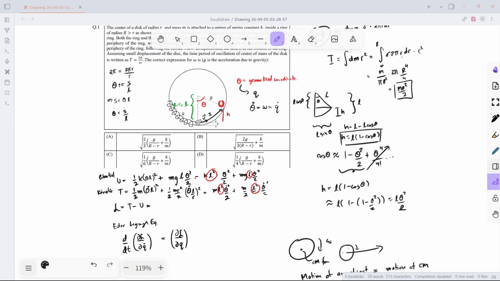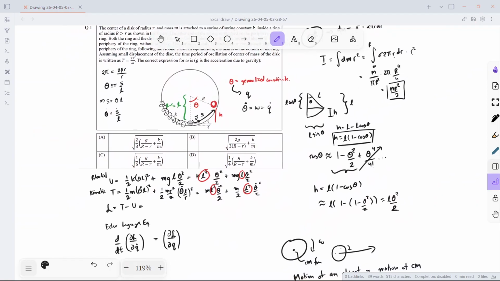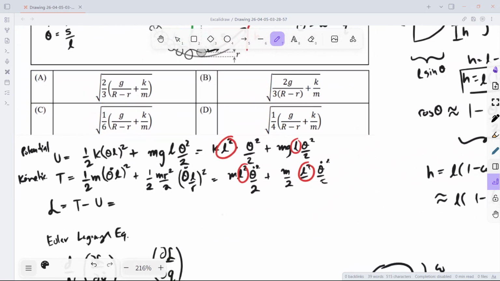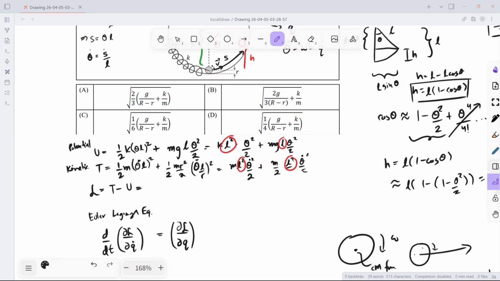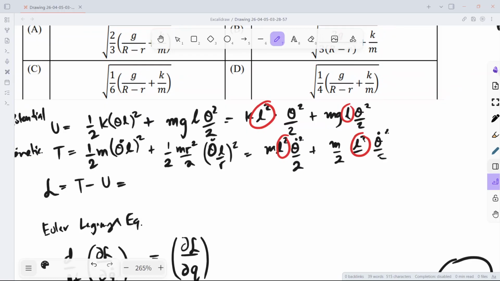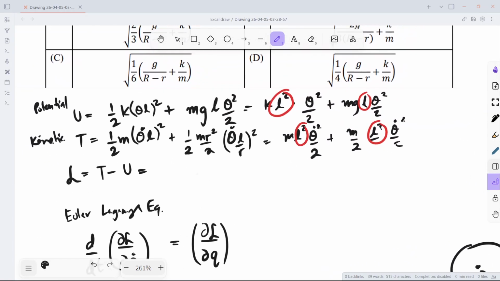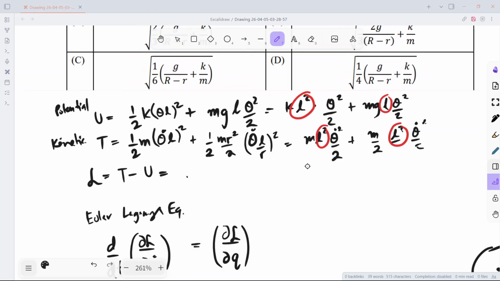Potential energy is mgh. No, yeah, this is fine. Half k x squared, mgh. Yeah, seems fine. Now we write whatever this is.